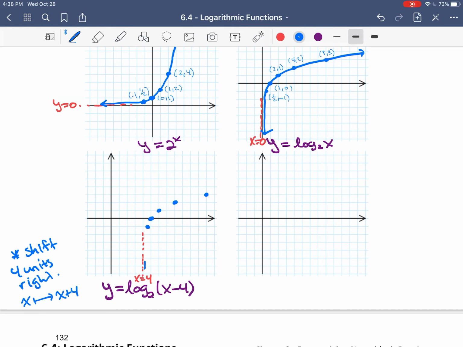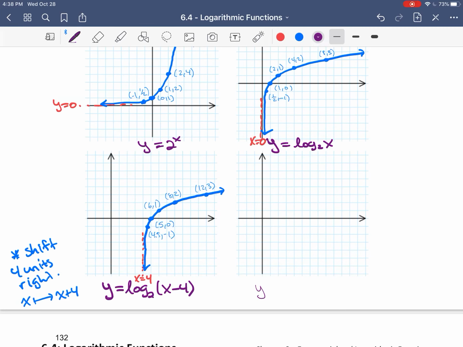So the graph is going to look like something like that. It's just been shifted 4 units to the right. So this is 12 and 3, this one's going to be 8 and 2, this is 6 and 1, this is 5 and 0, and then 4.5 and negative 1. That's how all those points go.